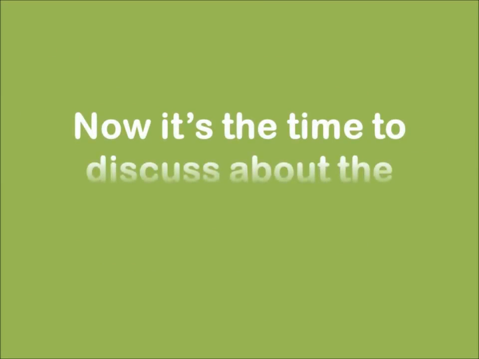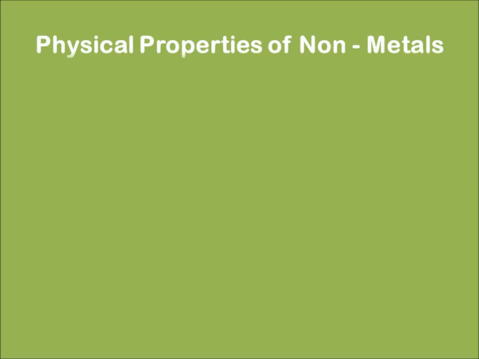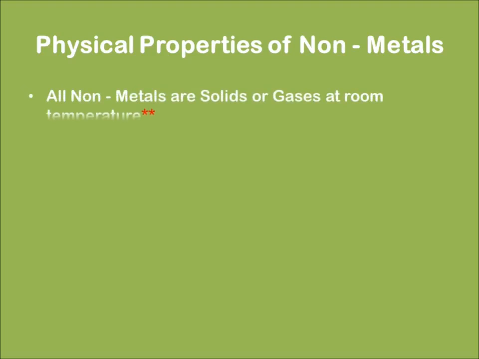Now let us discuss the physical properties of a non-metal. These properties are just opposite to those of the metal. All non-metals are either solid or gaseous at room temperature.